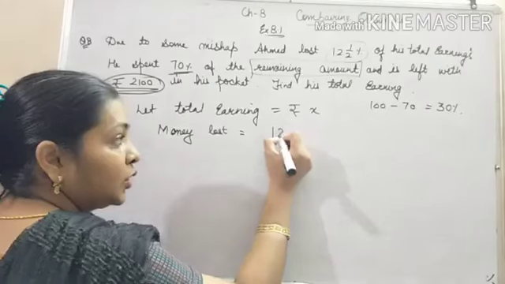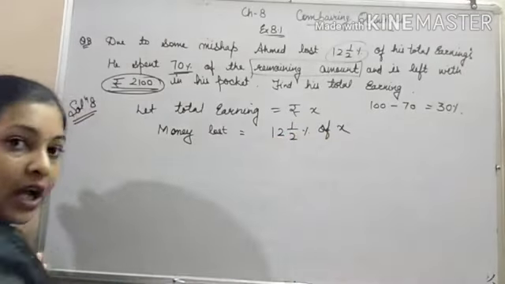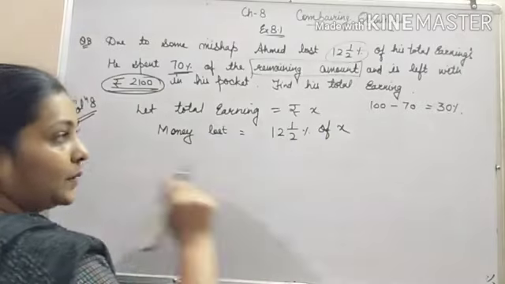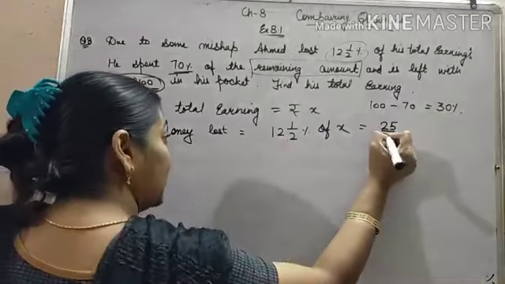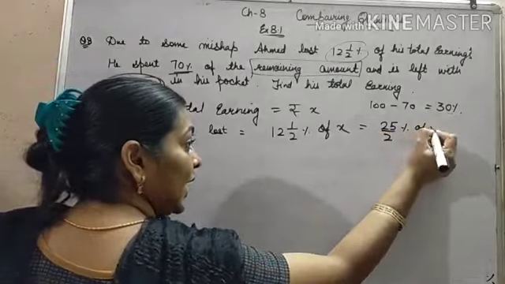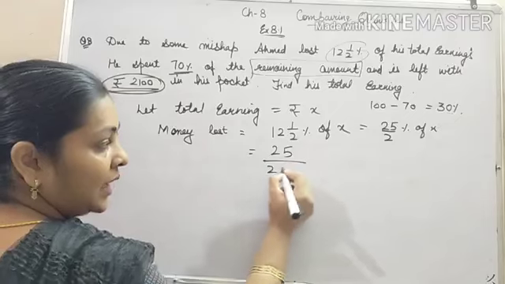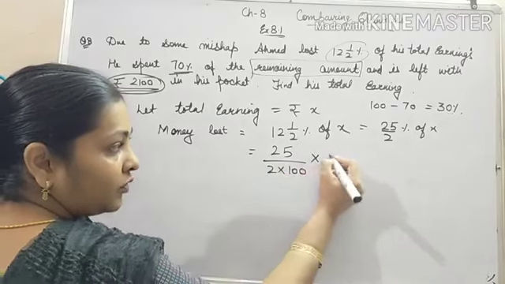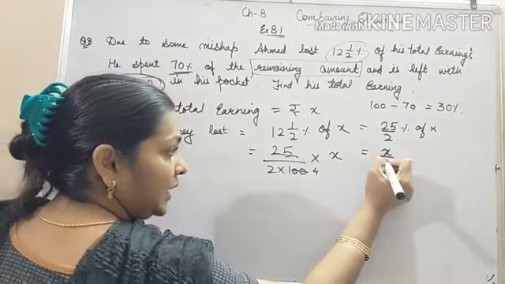Money lost is 12 1/2% of X, which is equal to 25 by 2% of X. Now to remove the percentage sign, you need to divide by 100. Of means multiply, X. That means X by 8.